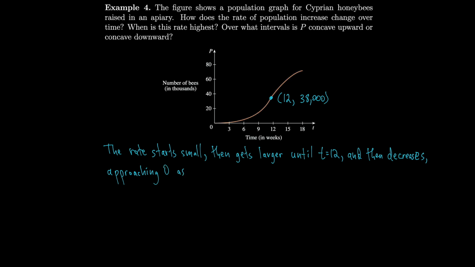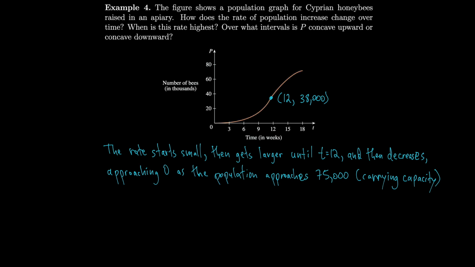As the population, well, let's see, what is the population approaching? Looks like 75,000. As the population approaches 75,000, we call that the carrying capacity of the population, where the population just levels off.